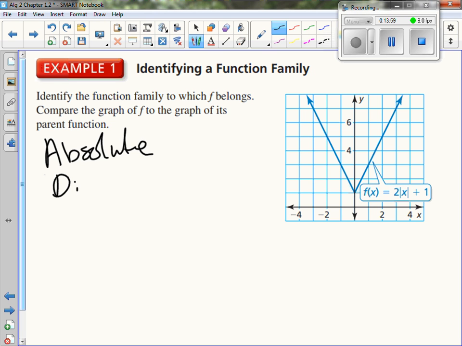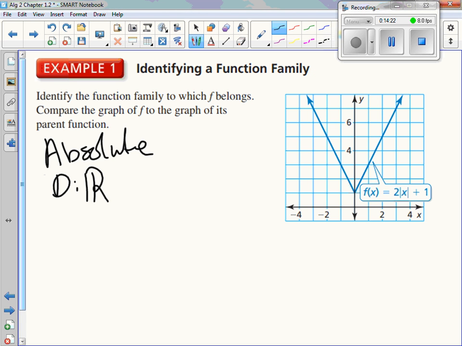Y'all remember taking square roots? Can we take the square root of a negative number? Can I take the square root of -4? You probably tried plugging it into one of those calculators and it says domain error, yes? That would be a case where it's not all real numbers, or we're dividing by 0. But these we don't have.